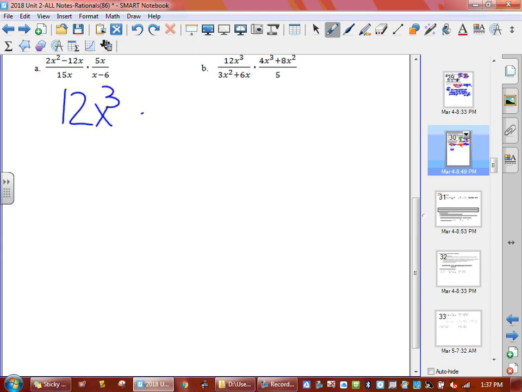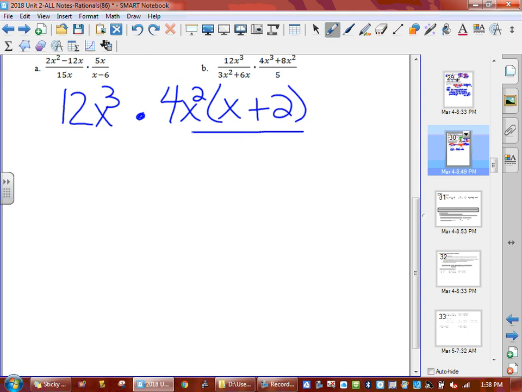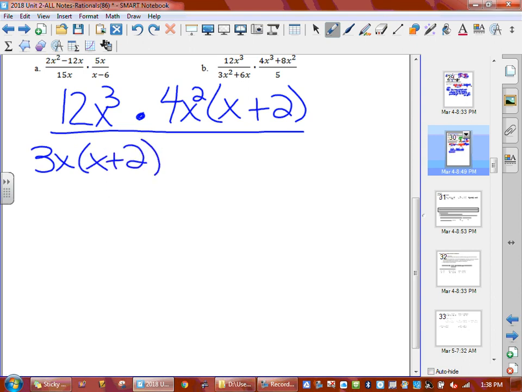Good. That's going to leave me x plus 2. Now, what can I take out of the bottom left? 3x. Good. That's going to leave me an x plus 2. And I've got a 5. All right. I just put it all under one big fraction.